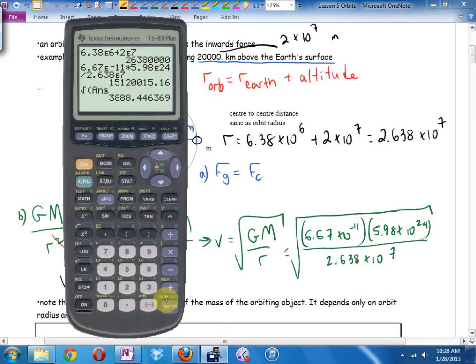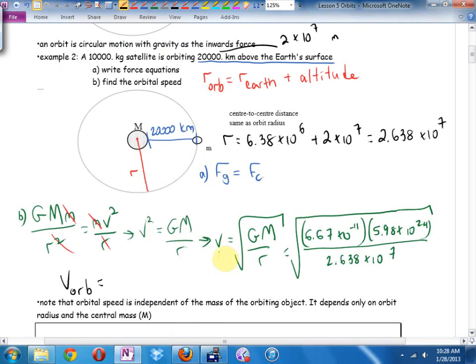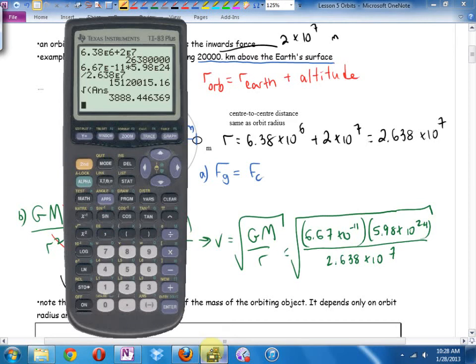You get 38,900 meters per second. Don't forget the square root.